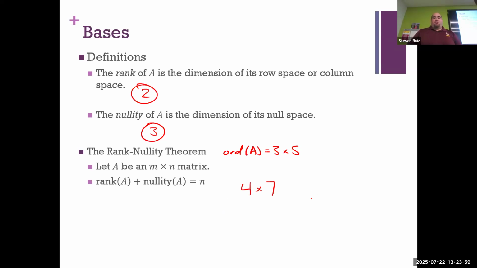But let's think about this. I'm saying 4 by 7, right? So 4 rows, 1, 2, 3, 4. 7 columns, 1, 2, 3, 4, 5, 6, 7. And if the rank is the number of columns in the basis of the column space, think about this: how did we find the column space?